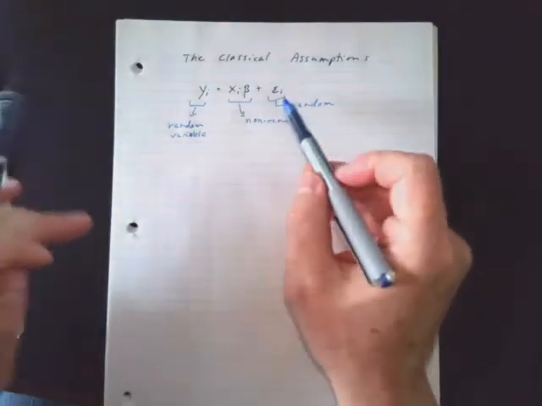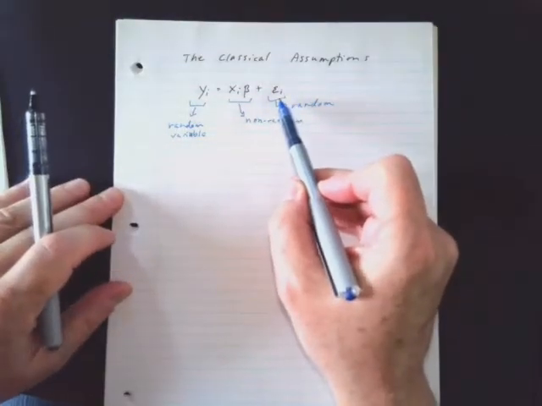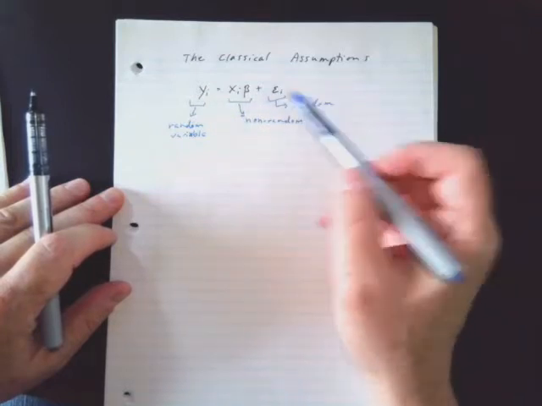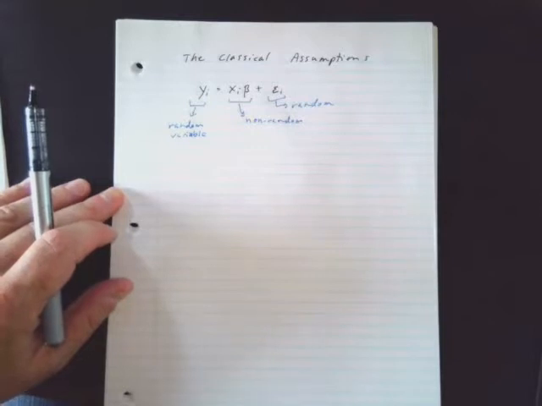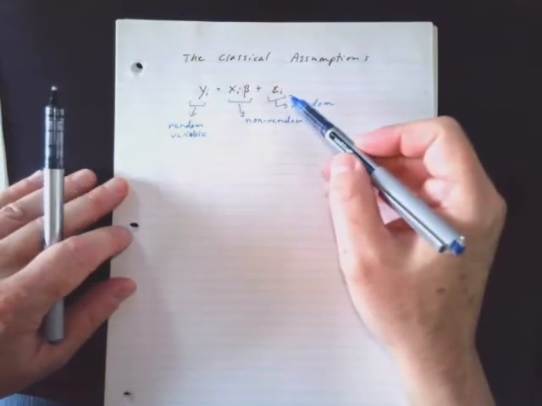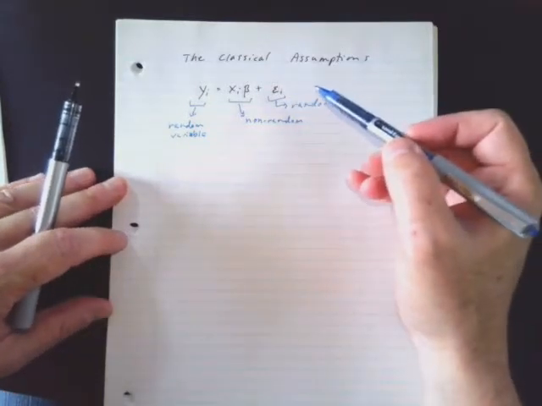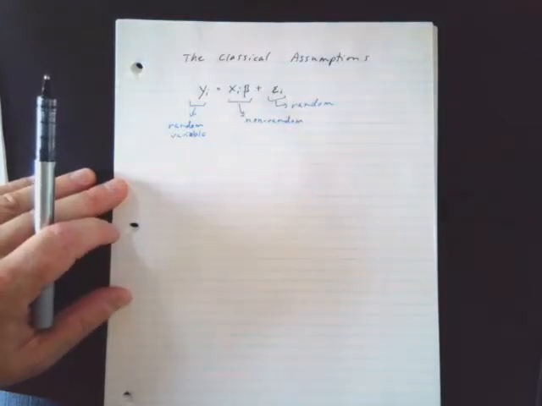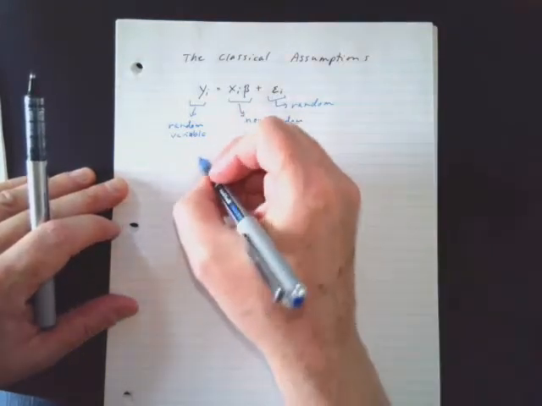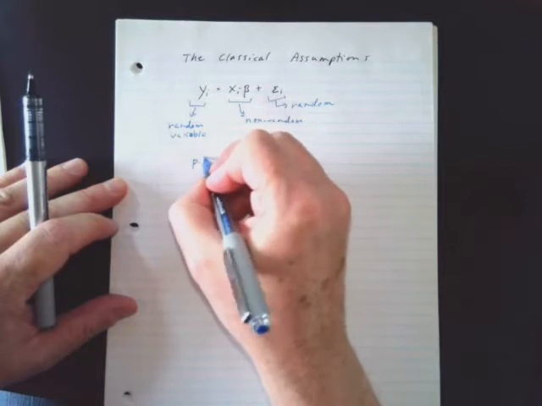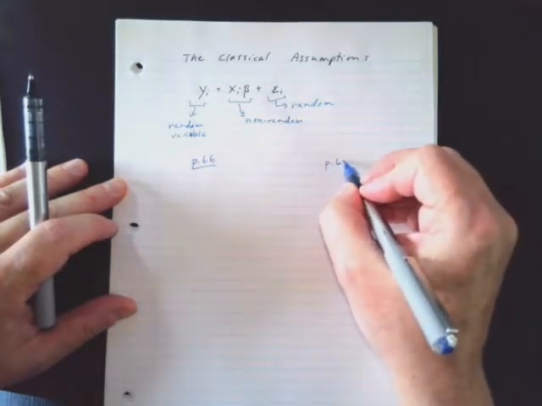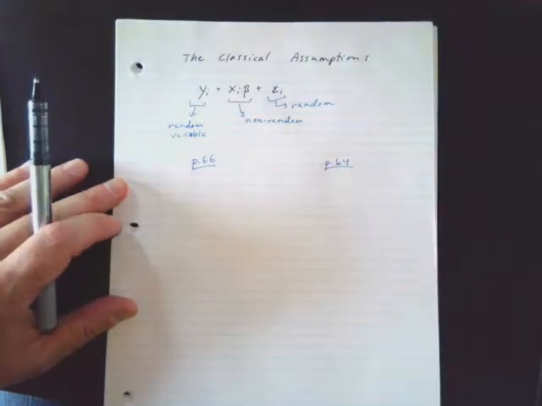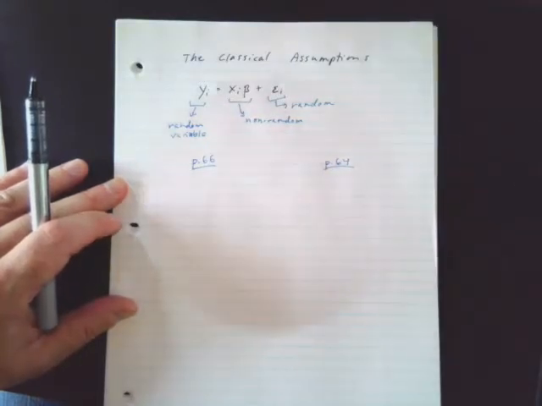By stating the properties of the error term, that implies properties of the dependent variable, but I think of them as properties of the error term because that's where the randomness enters the model. So that's what I'm going to focus on. I'm going to emphasize the list on page 66 rather than the list on page 64, but I will put both versions up for us.